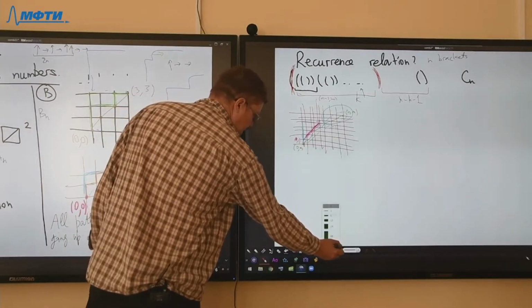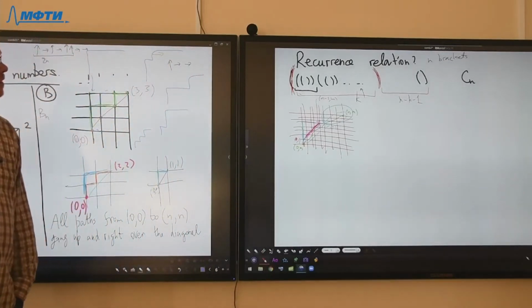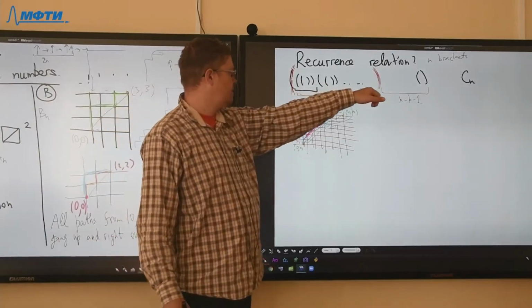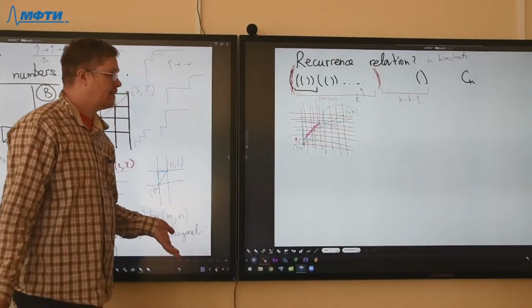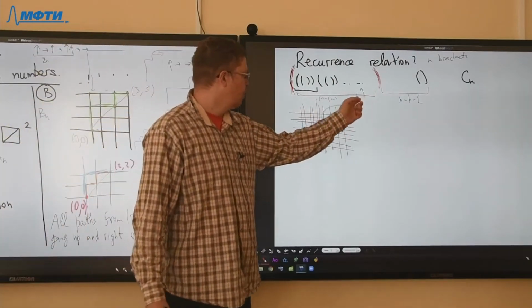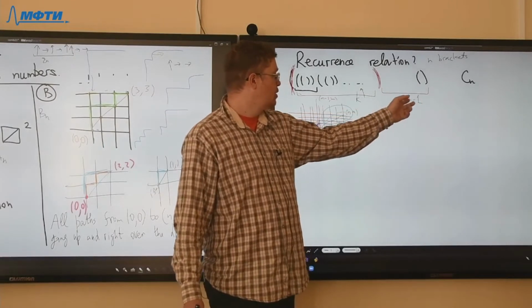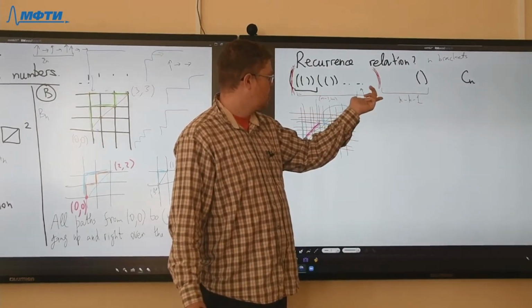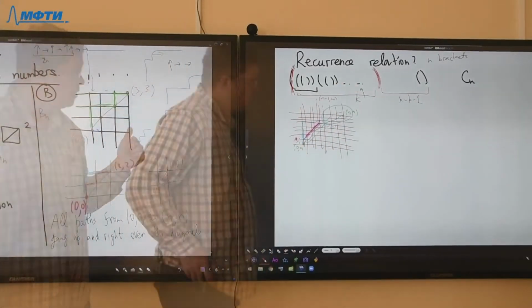Excuse me, we don't count the red middle bracket. So we take the first red bracket. It can end anywhere, but inside of it we will have k brackets, for example, and outside we will have n minus k minus 1 brackets. So in this kind of situation, how many possible correct sequences of brackets do we have? Do you understand the question?